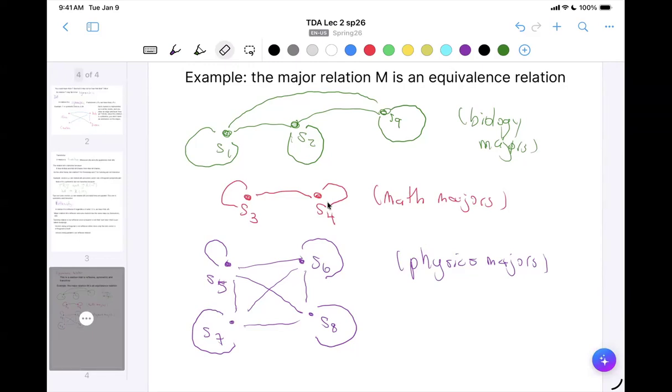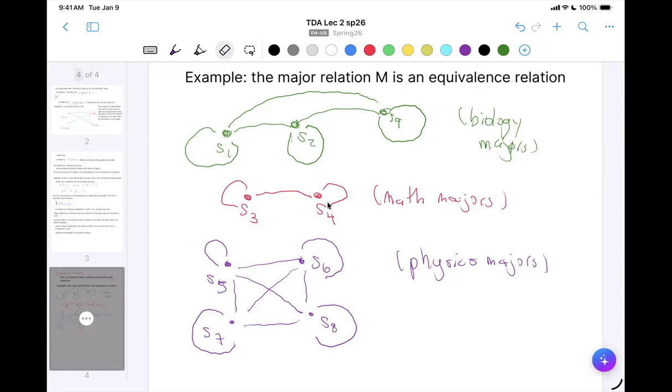So there's no overlap. It breaks up the set that you started with. In this case, my set was the 9 students, and I subdivided it into three blocks without overlap. So that's what the equivalence relation does in general.